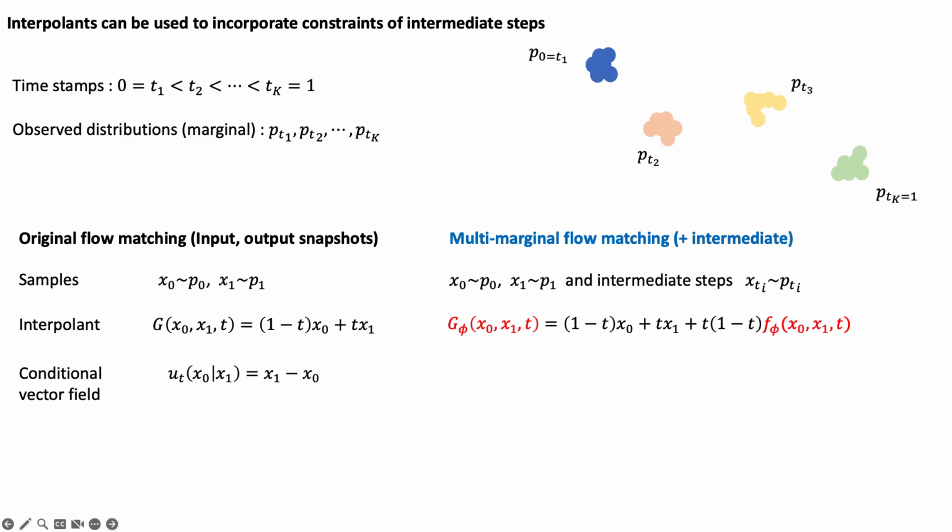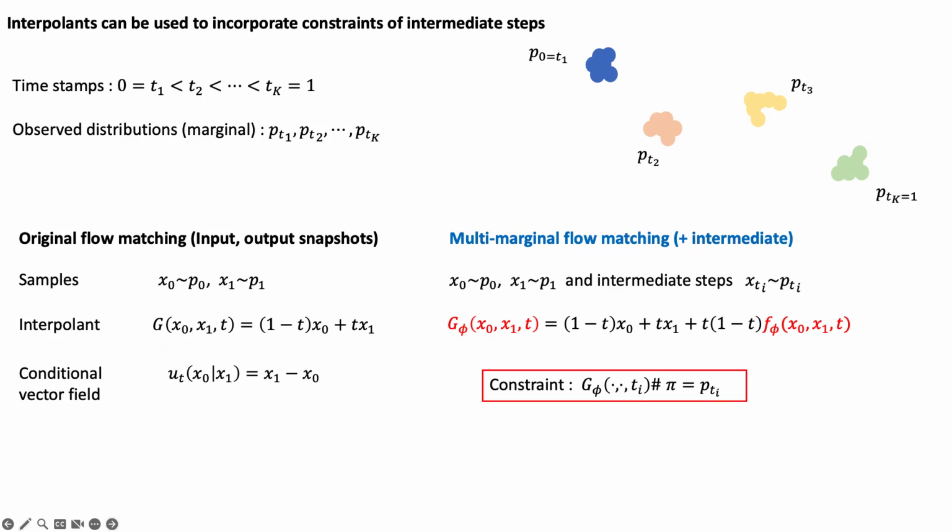Phi here will be a neural network parameter. Can you guess why there is a t and 1 minus t factor in front of this? Only working during the middle. Ah, yes. So this is to ensure that if you put t equals 0, then you have x0, and t equals 1, x1. Intermediate.